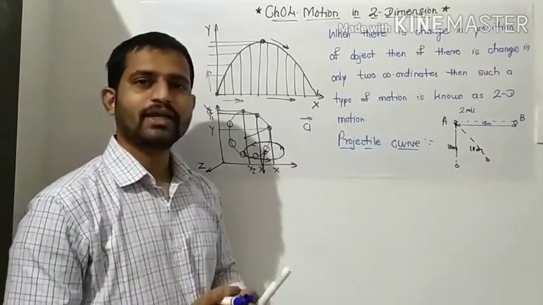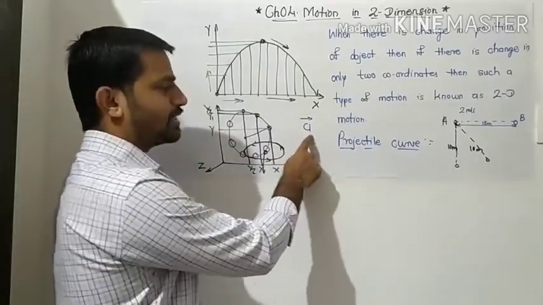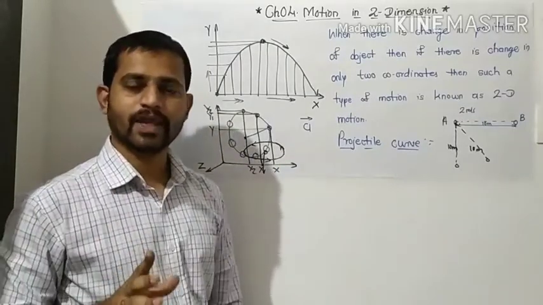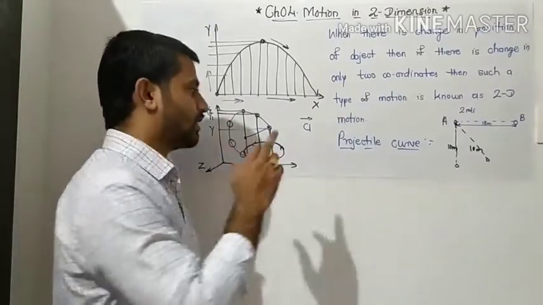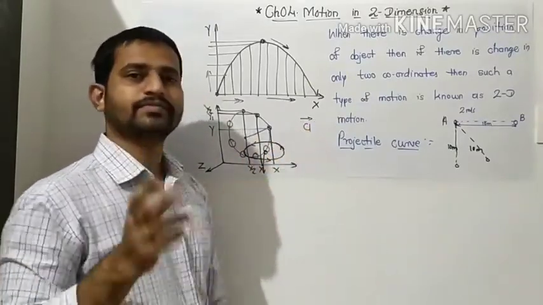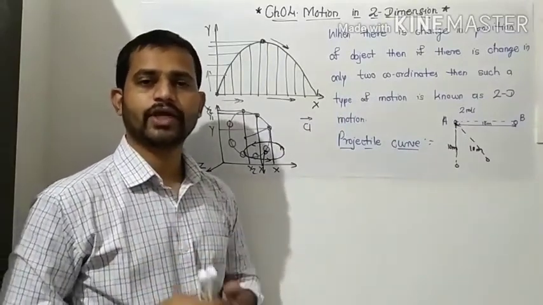Then we can understand that this quantity A, the acceleration, is a vector quantity. For the representation of a vector we have to write one arrow above its symbol.